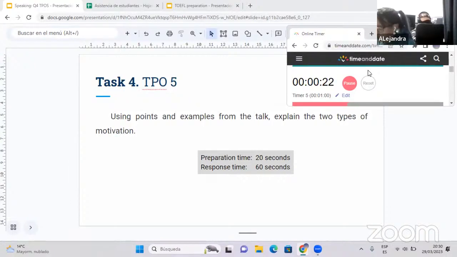Then she goes on to explain about intrinsic motivation that is internally, and you make that because you get a pleasure of doing something. For example, go to the gym because it's good for health and you enjoy it.